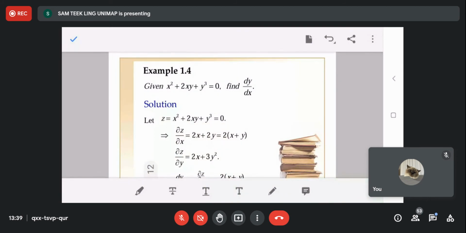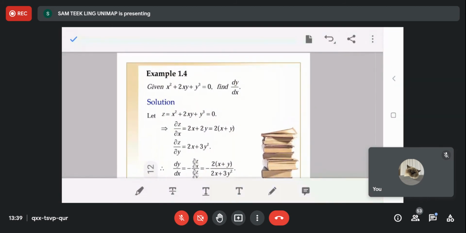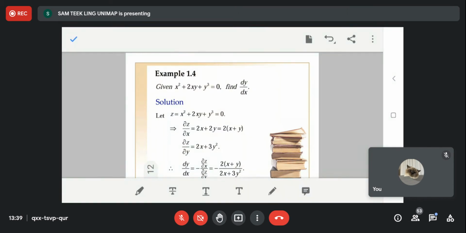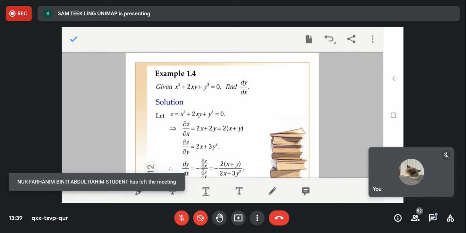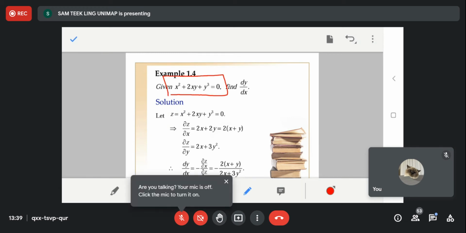So this is our equation: x power 2 plus 2xy plus y power 3 equals 0. We want to find dy/dx. So this is our f(x, y) equal to a constant.